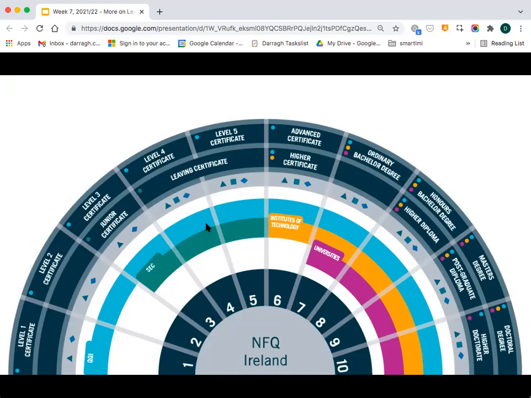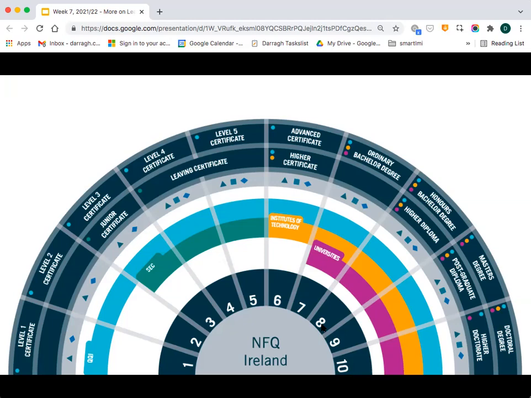So it is important to be aware of these, particularly if you work in formal education or higher education in any way, just on the basis of being aware where each of these different awards lies in terms of the level identified there near the center.